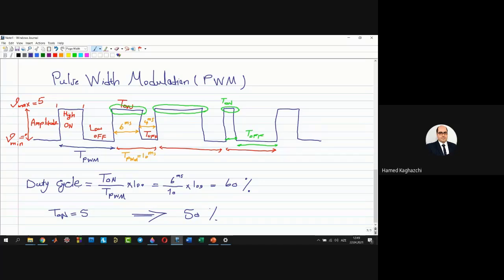Now, this duty cycle is so important in the PWM signal. Why?